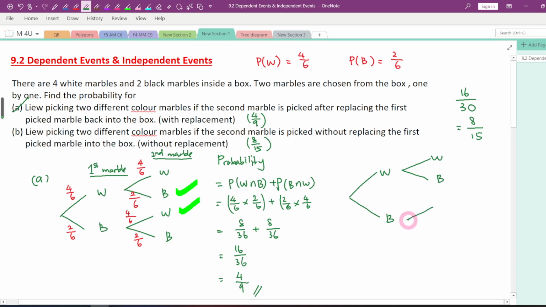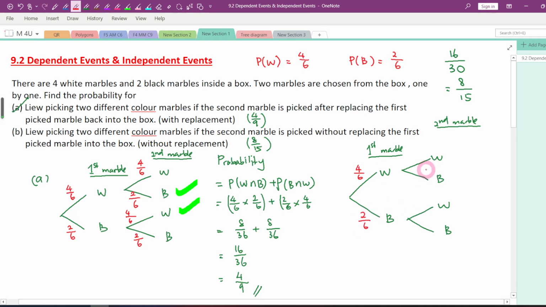Here the same thing, white, black. So this is the first marble. Let me write again first. So this will be the second marble. Okay, let me start writing all the probabilities for every branch. So here will be 4 over 6. Here will be 2 over 6.